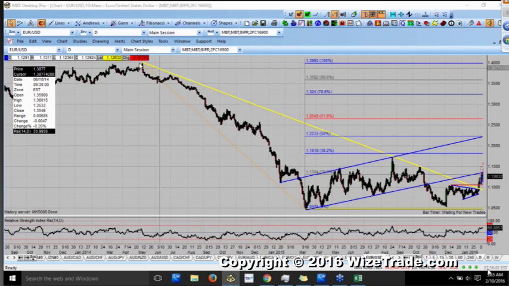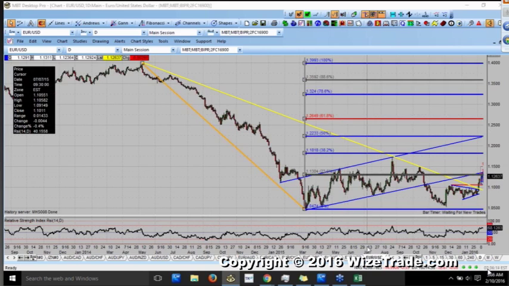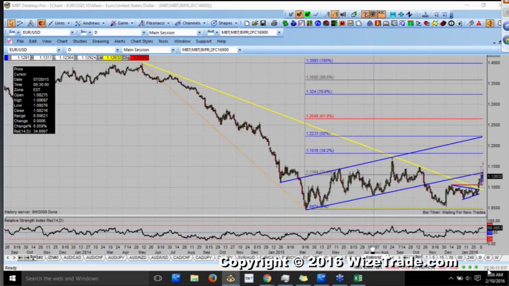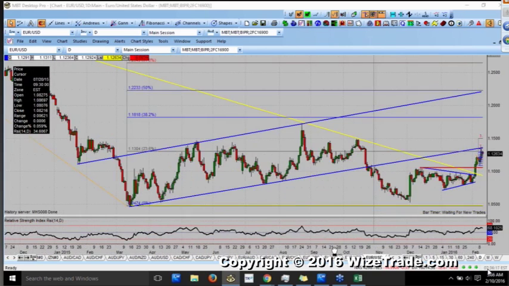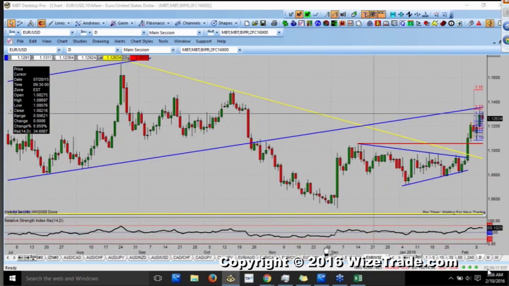You might remember that day. Well, that marked the peak of the euro. Of this move down, we hit basically a 38% or a 24% retracement of that move. That 24% retracement was hit yesterday.